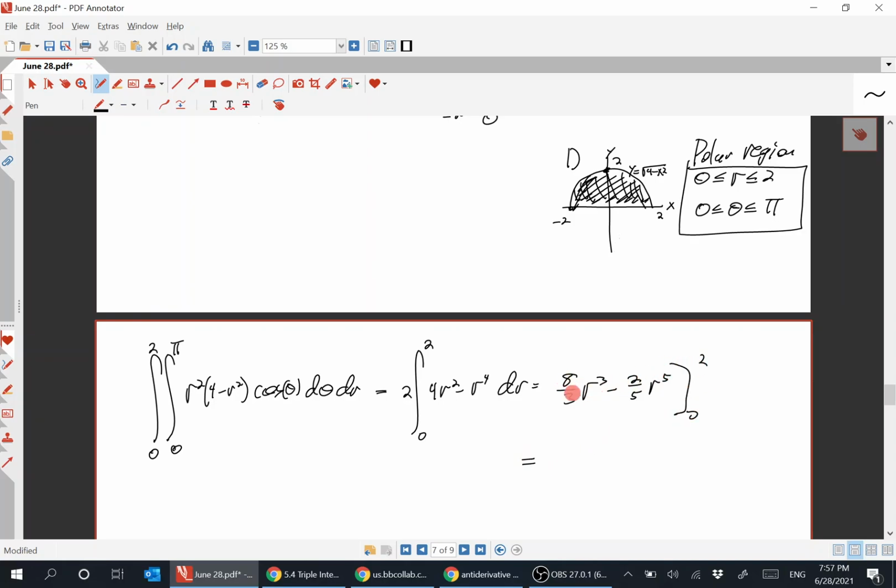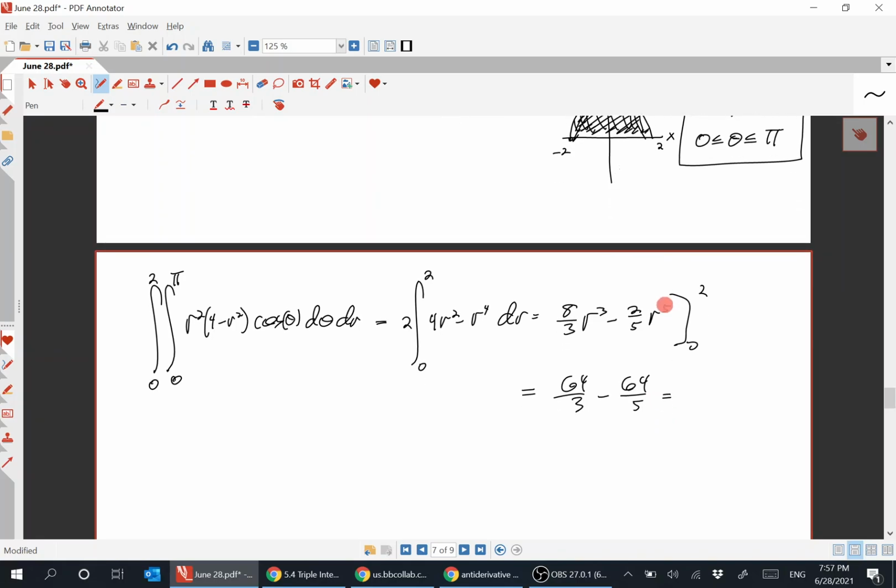So that's 8 times 8, 64 over 3. This one is 32 times 2, 64 over 5. A third minus a fifth is what? 5 minus 3 is 2 over 15. So 128 over 15.